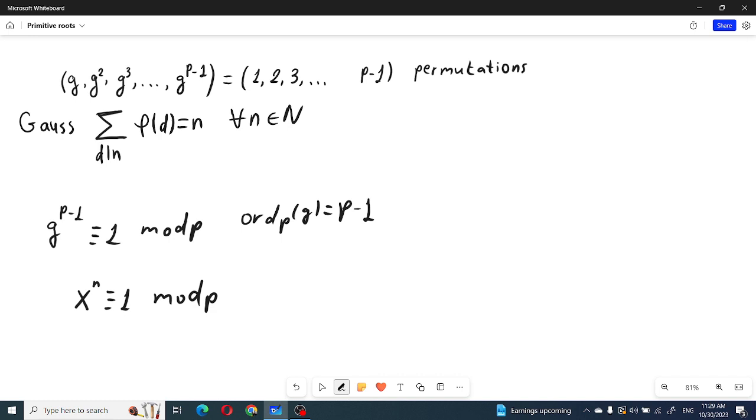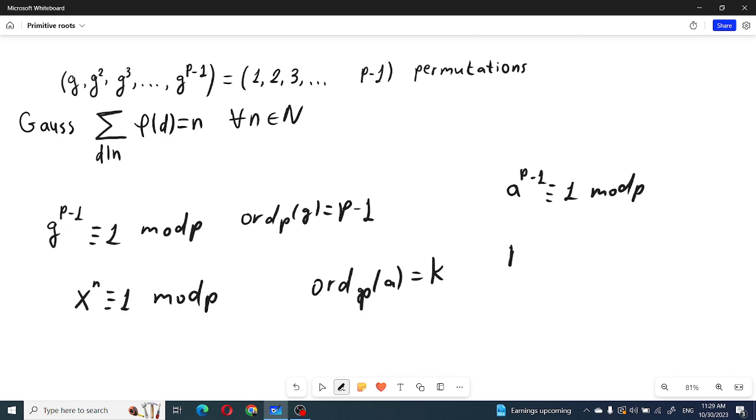And now let's discuss what may be the order of any number a for p. If we know that this is k, because we know that for every number a to the p minus 1 equals 1 mod p, from here we can conclude that the order must divide p minus 1.